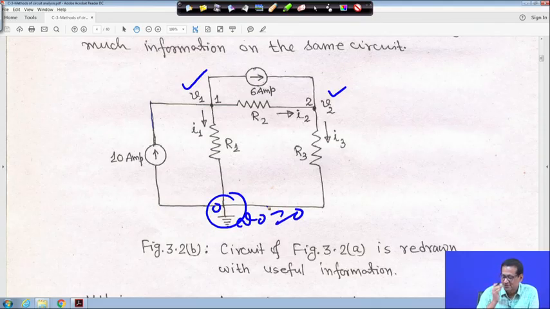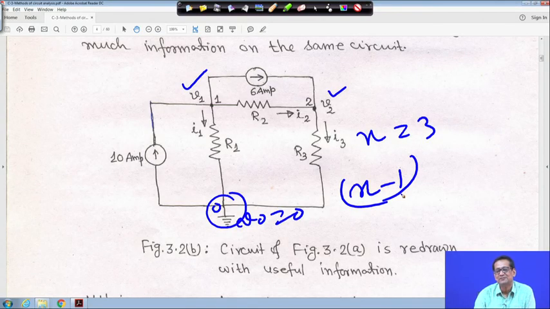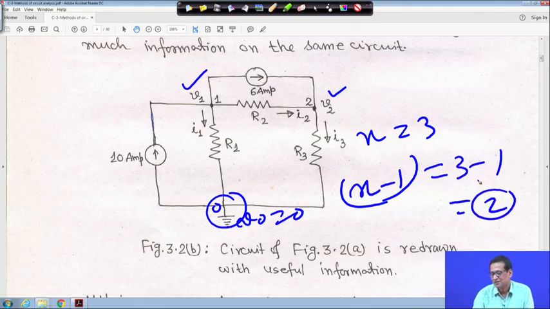Basically n is equal to 3. You have n minus 1 simultaneous equations to solve, because the reference voltage is 0. So n minus 1 is 3 minus 1, which is 2. That means you have 2 equations and 2 unknowns, V₁ and V₂.